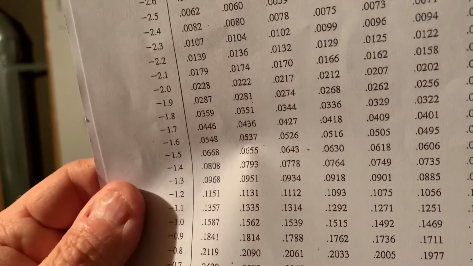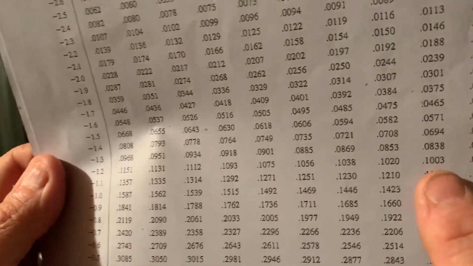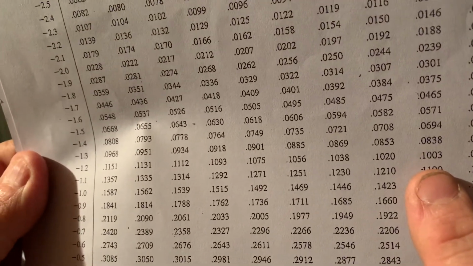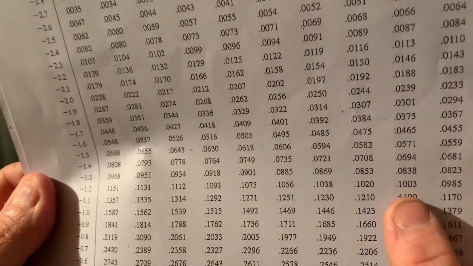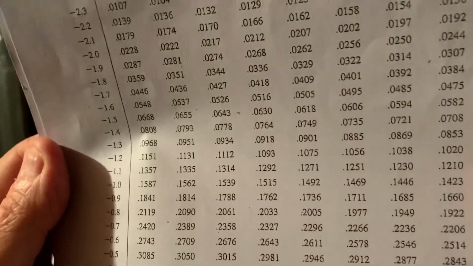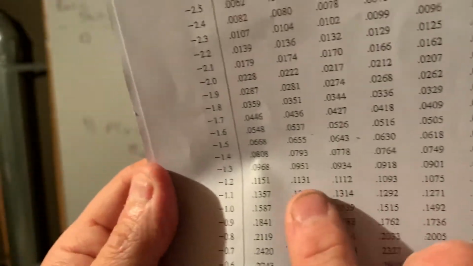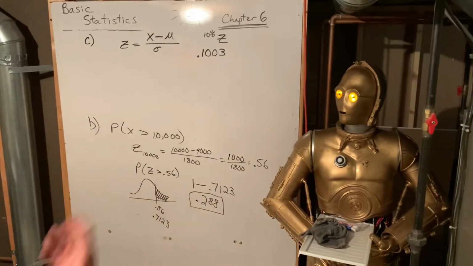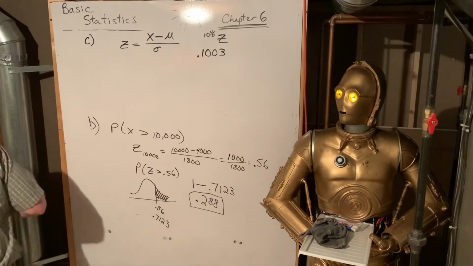There we go, found it. Right there. So 0.1003, and then now look, I'm looking all the way up to the top. That's 0.08. And then I'm also looking all the way to the left. That's a negative 1.2. So the Z-score that goes with that is negative 1.28.